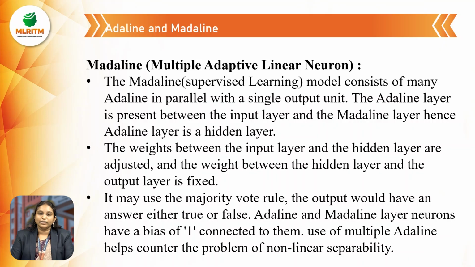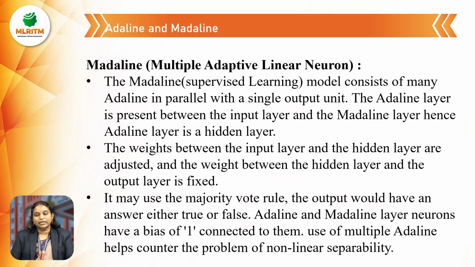In MADALINE, we have the input layer, hidden layers, and the output layer, but particularly in MADALINE, instead of using other hidden layers, we are using ADALINEs. So ADALINE is present between the input layer and the MADALINE.